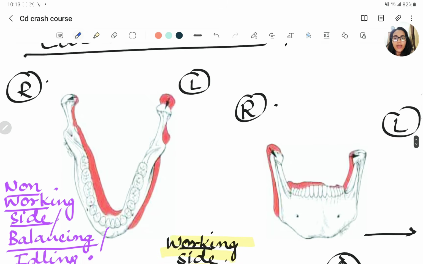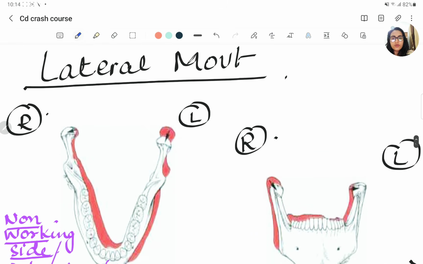Then talking about the lateral movements, suppose the movement is towards this side. This is the left side. If the movement is towards the same side, that is the left side, then it will be called the working side. So the movement is just outward.